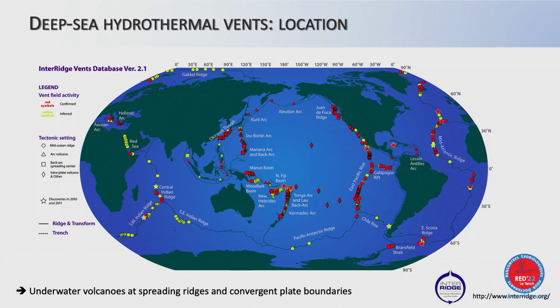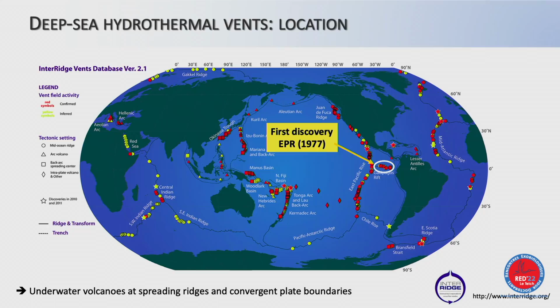And I'd like to talk also about the Mid-Cayman Rise, which is the deepest hydrothermal vent known so far, which is at 5,000 meter depths. So you see, all the circles are older discoveries of deep sea vents, and the stars are really recent discoveries of deep sea vents, and we are still looking for deep sea vents because we don't know very well the ocean floor.